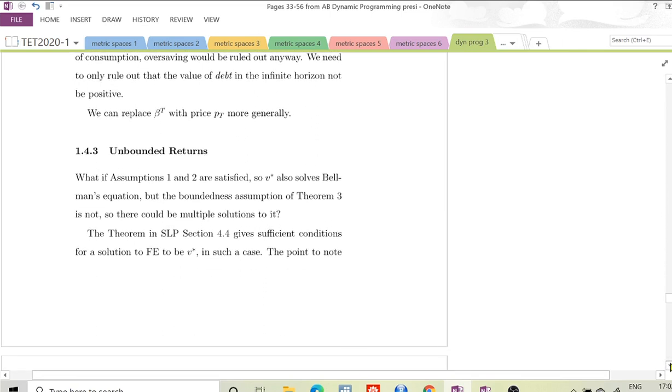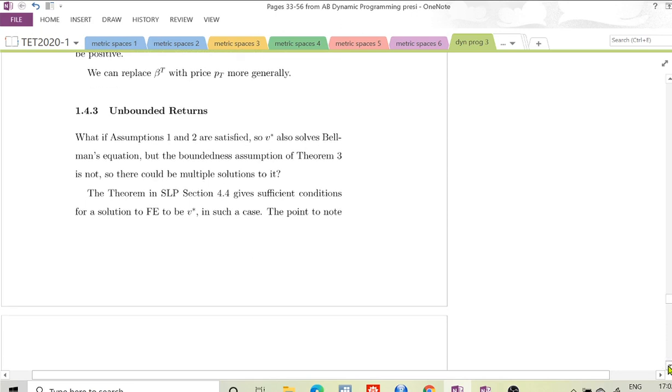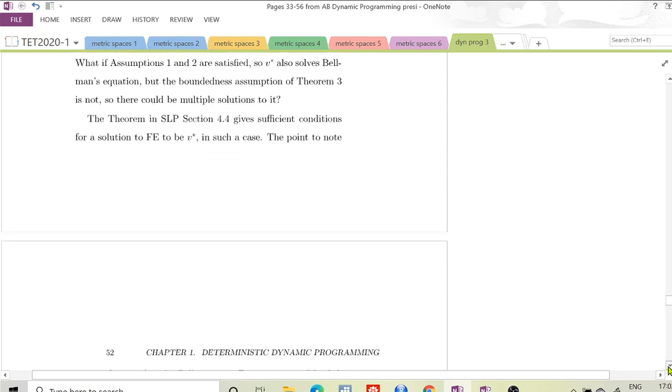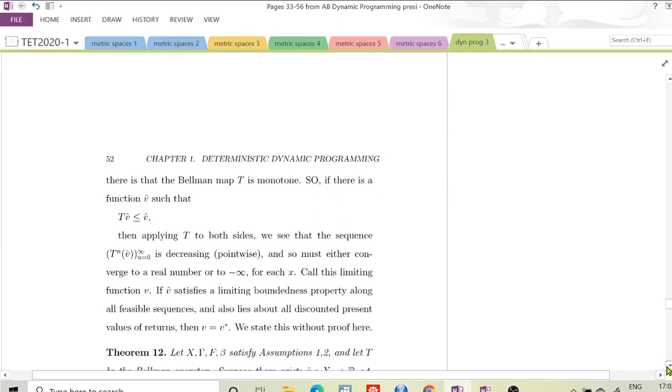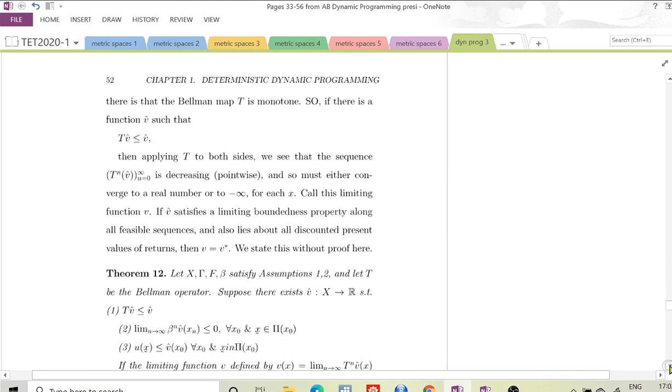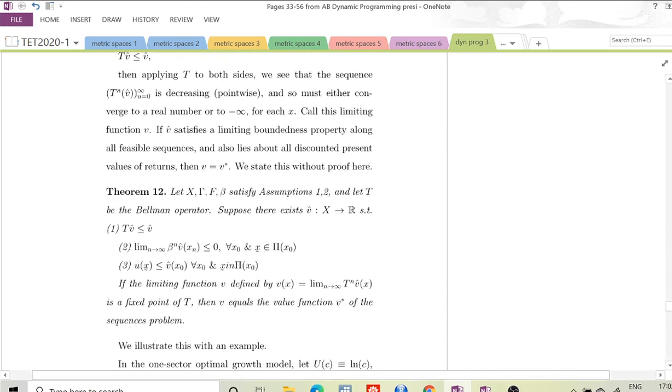So what happens if returns are not bounded? I want to just touch upon a theorem in Stokey, Lucas, and Prescott, which says, suppose the environment satisfies assumptions 1 and 2, and T is the Bellman operator.